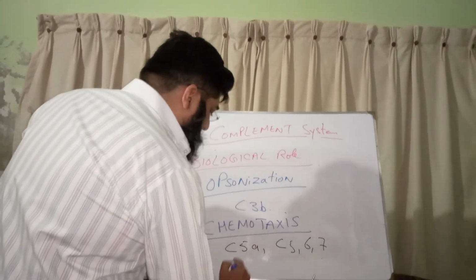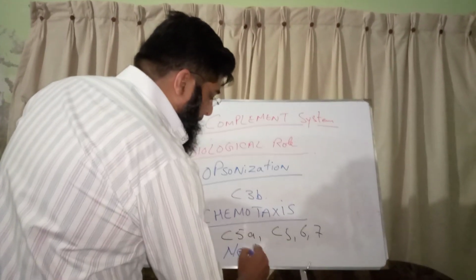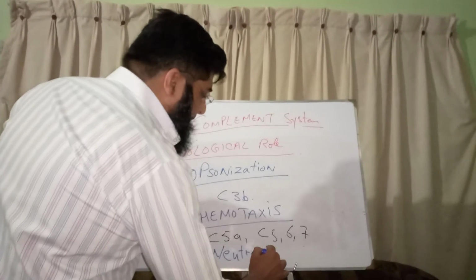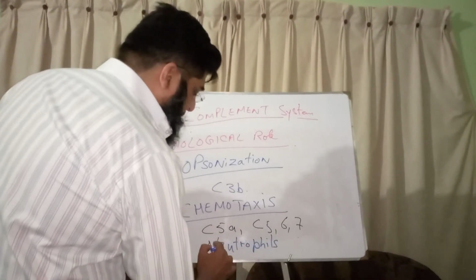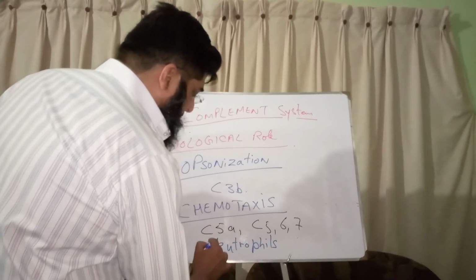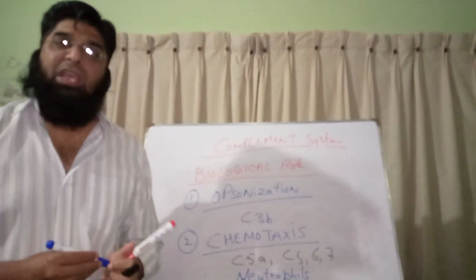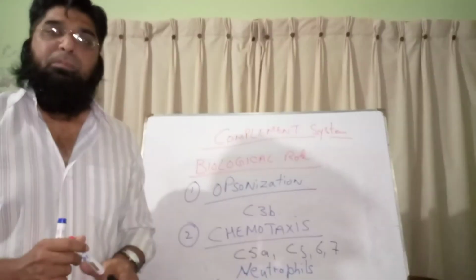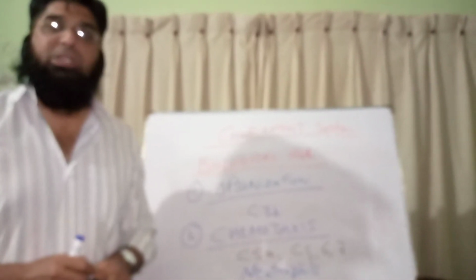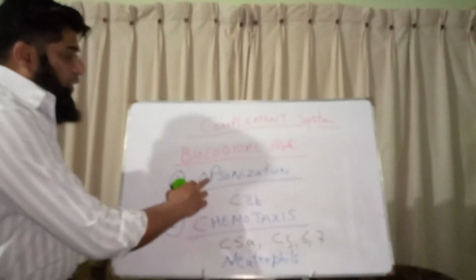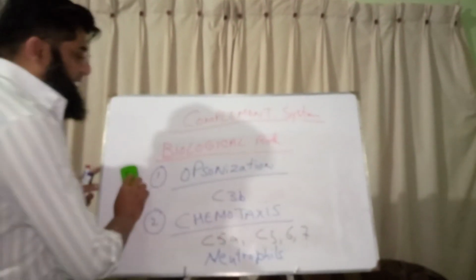Students, neutrophils are the main cells which participate in the process of acute inflammation. Okay? Opsonization, chemotaxis.